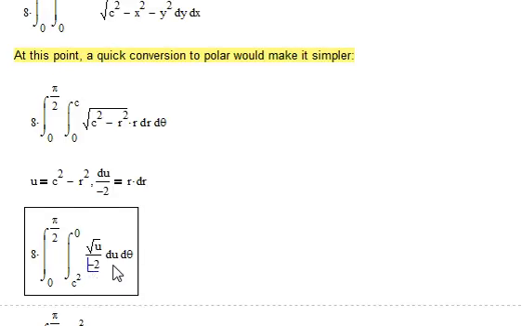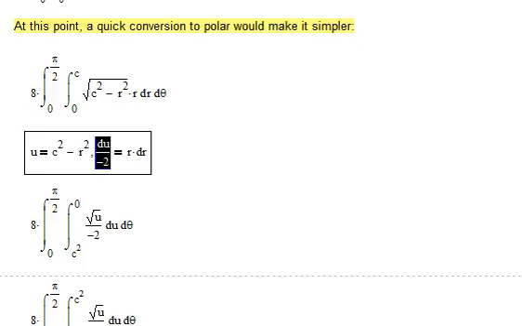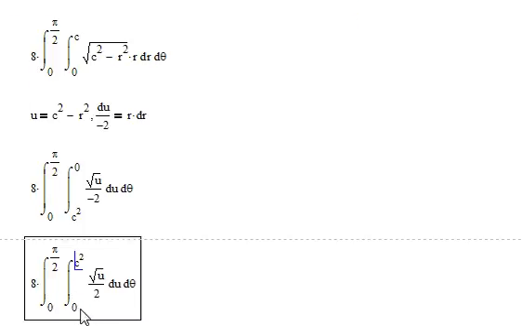But that's easily fixed since we got a negative 2 in our denominator when we substituted du over negative 2 for r dr, and factoring out that negative switches our limits of integration to 0 to c squared.